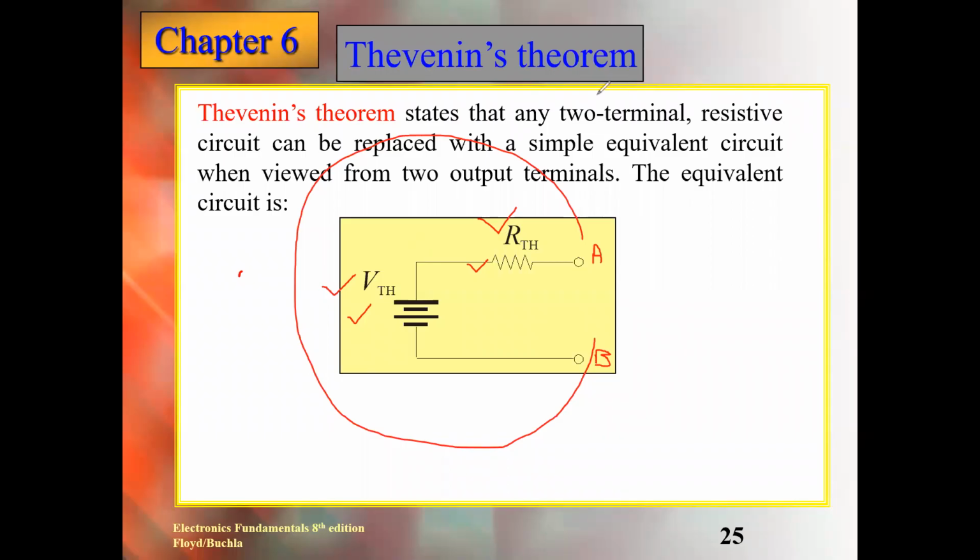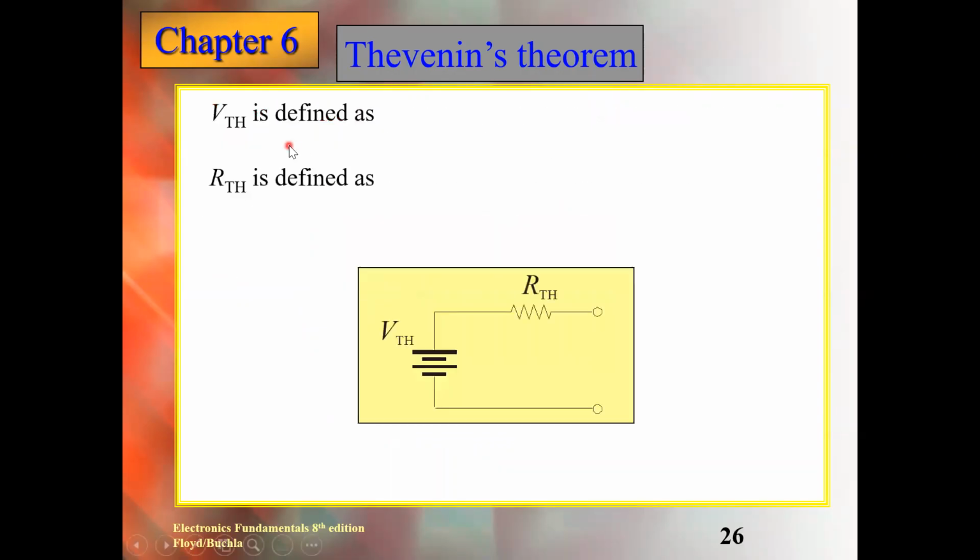So how can we do this? For that there are steps which you need to follow, then only you can get the VTH and RTH. What is VTH? VTH stands for Thevenin voltage and RTH stands for Thevenin resistance. So the definition of VTH and the definition of RTH. What is VTH?